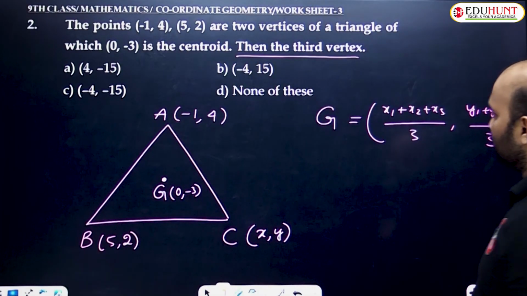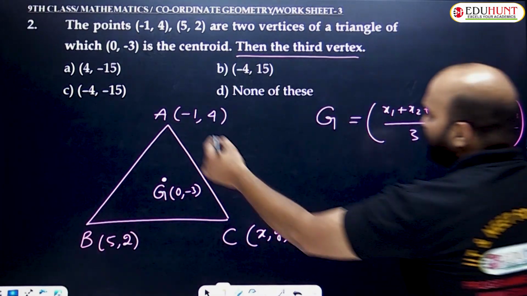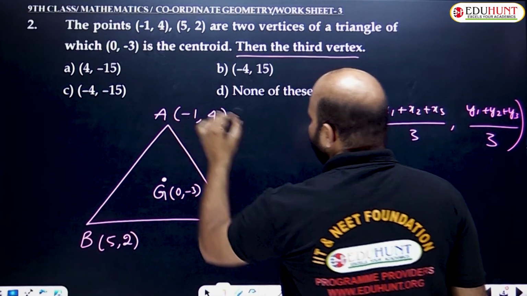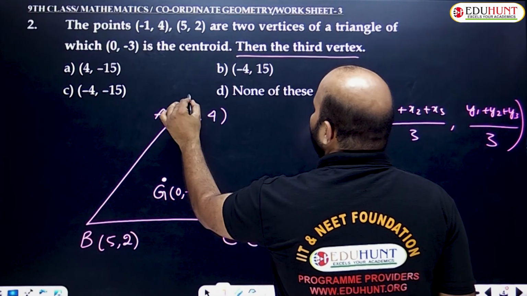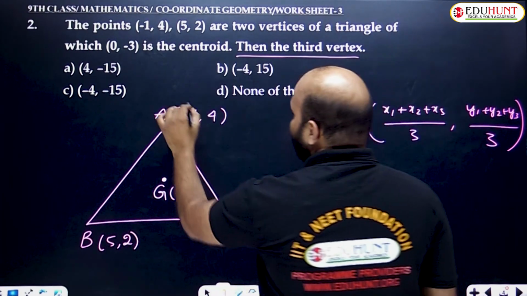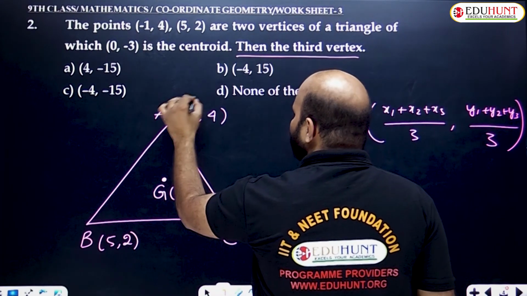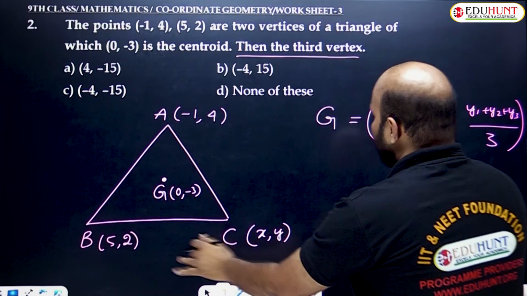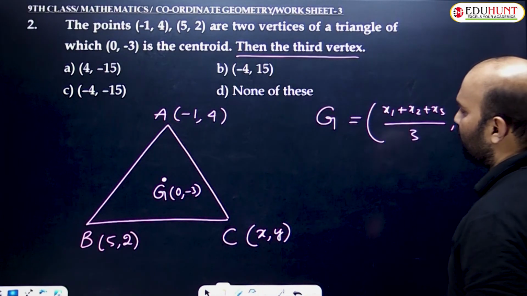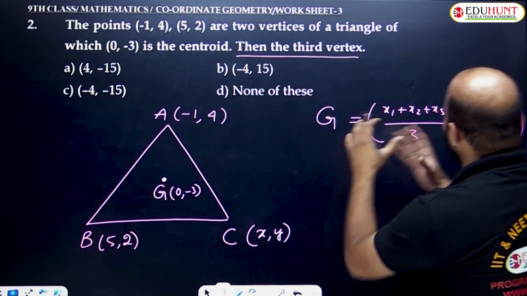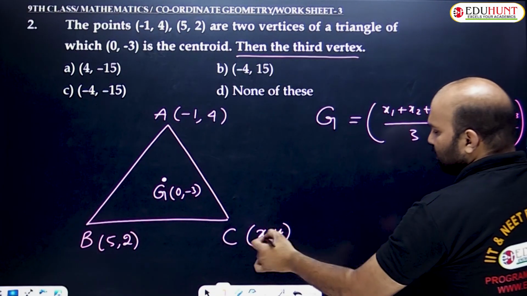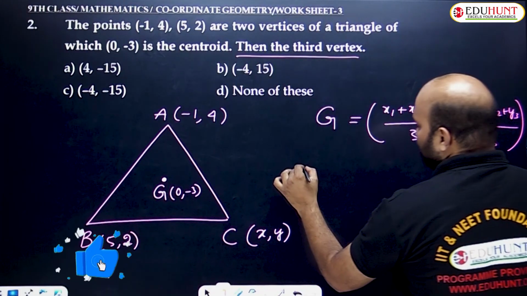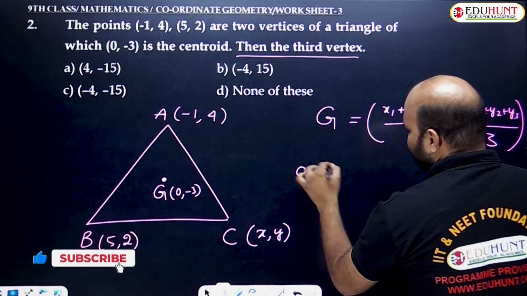So by using the ABC vertices, what is the A coordinates? (-1, 4). This is x1, y1. So A coordinates are x1, y1, B coordinates x2, y2, C coordinates x3, y3. Those values we substitute into the formula, and we'll get x and y using the G coordinates. What is G? (0, -3).